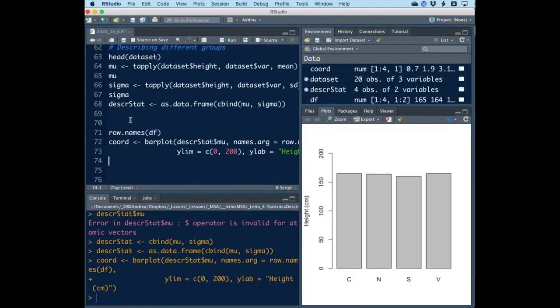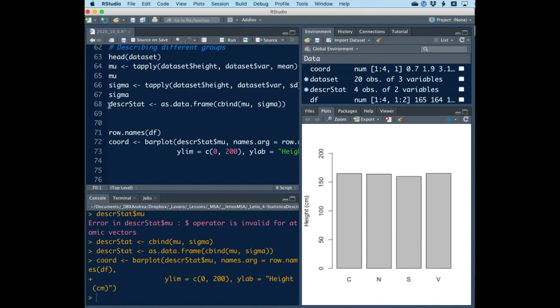You see, I made a mistake because I told you I was creating a matrix, and in matrices, the columns of a matrix cannot be accessed by using the $ sign. So we have to transform the matrix into a data frame. And we use a transformation function here.